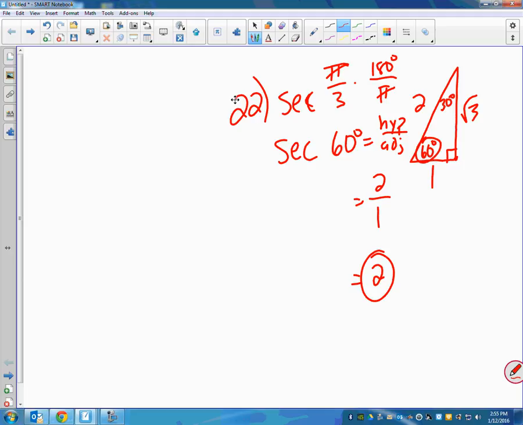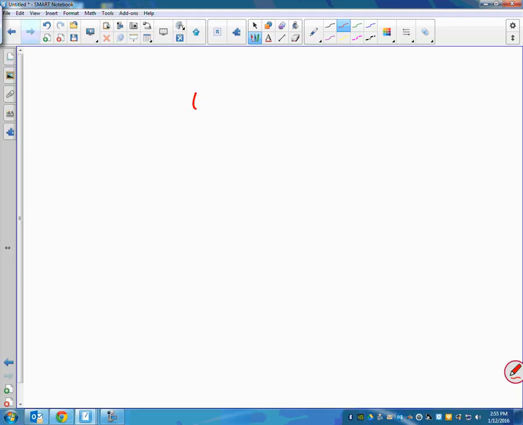Going over to 42, that's like the second stuff that we did on the notes yesterday. 42's directions say, find the acute angle that satisfies the given equation. Give theta in both degrees and radians. You should do these without a calculator. And it says the sine of theta equals the square root of 3 over 2.